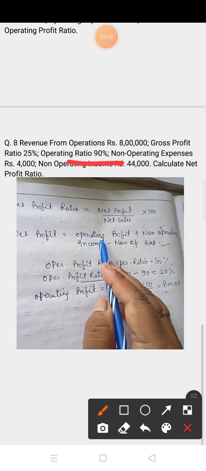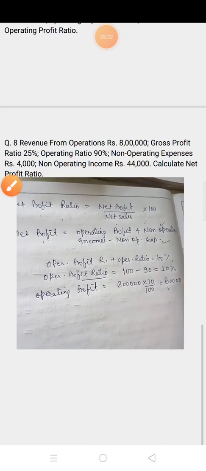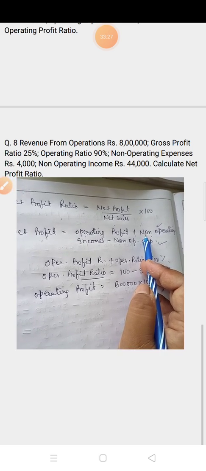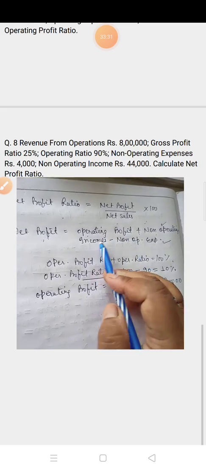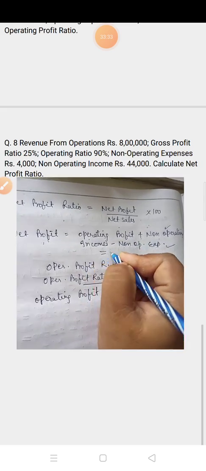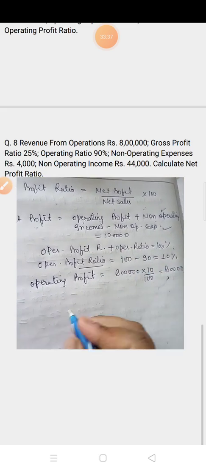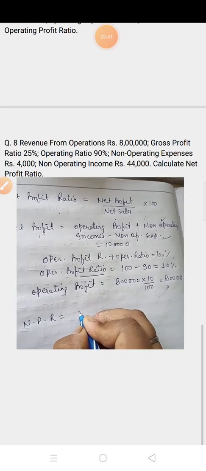Operating profit 80,000 plus non-operating income 44,000 and minus non-operating expenses, that is 4,000. Now calculate, and answer is equal to 1,20,000.